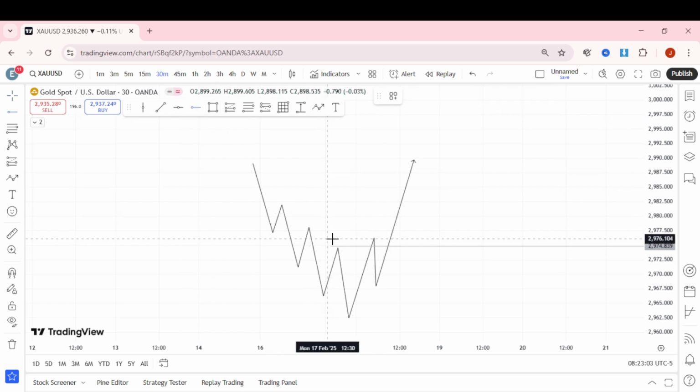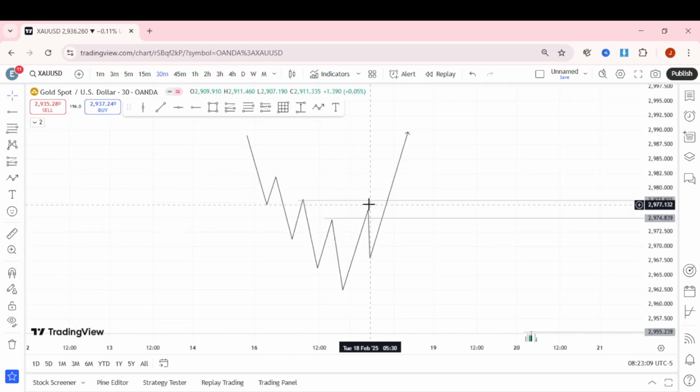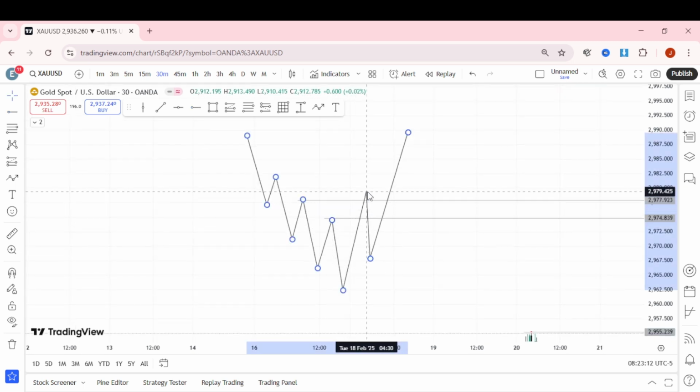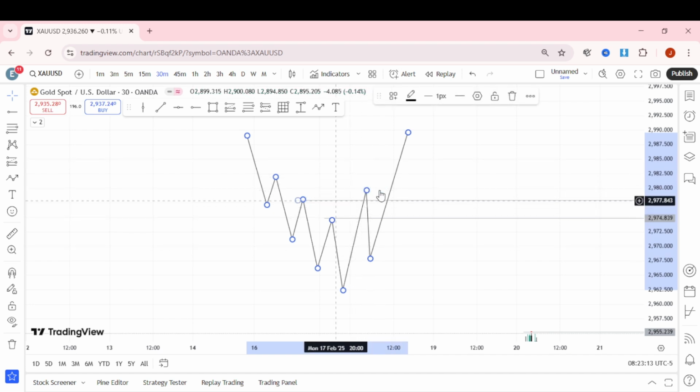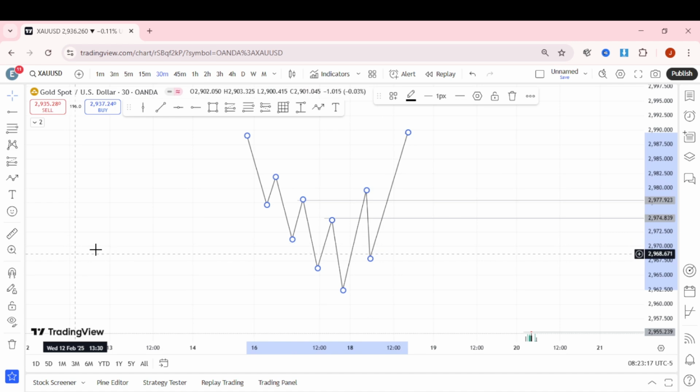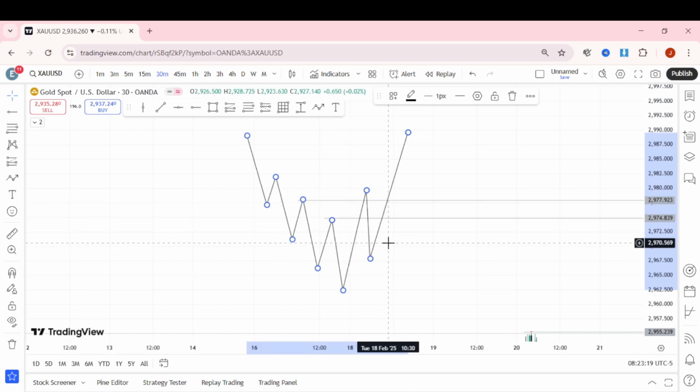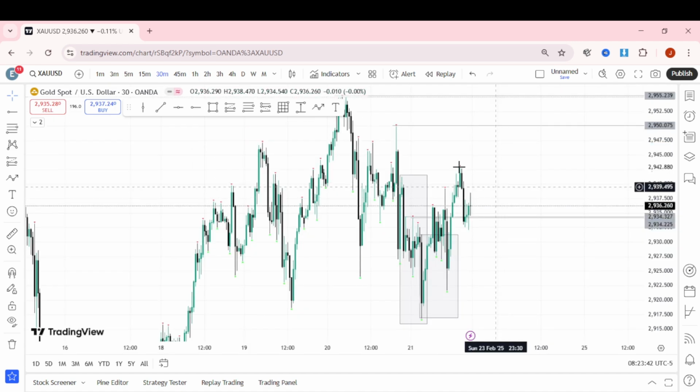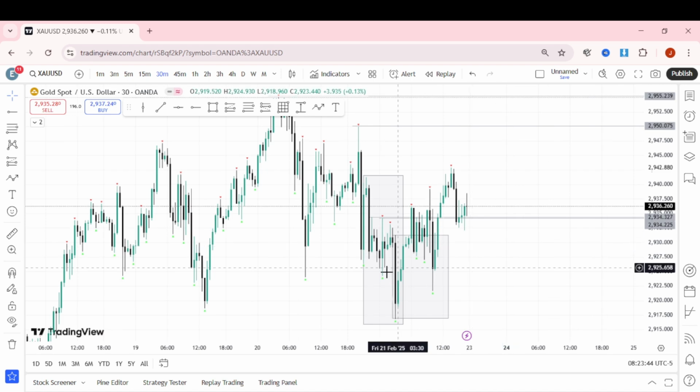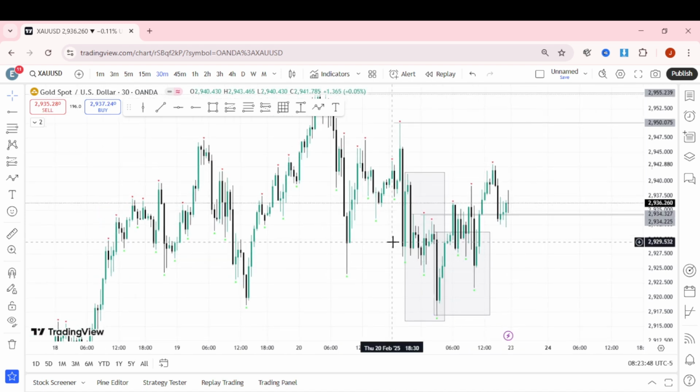On ICT's break of structure, price needs to break just one high. On Steven breaker, price needs to break two highs to become valid. Whenever you see price breaking two highs on a bullish trend or two lows on a bearish trend, that is a Steven breaker. Going back to our chart, this is a valid order block using the Steven breaker concept.